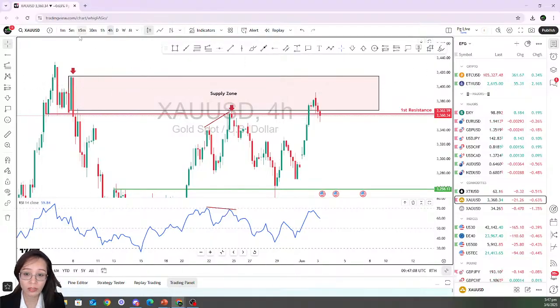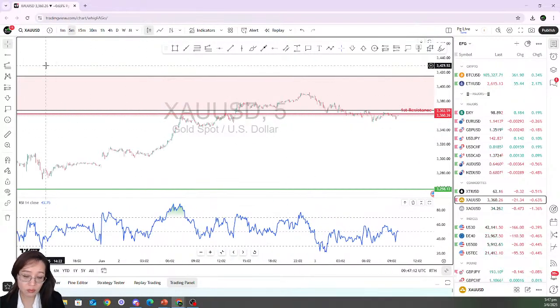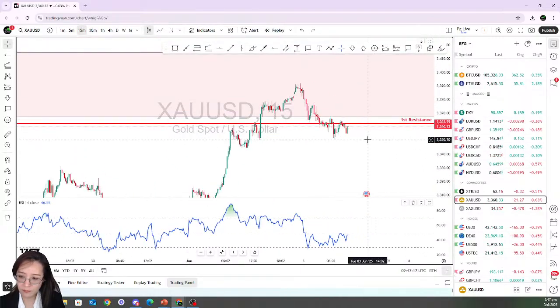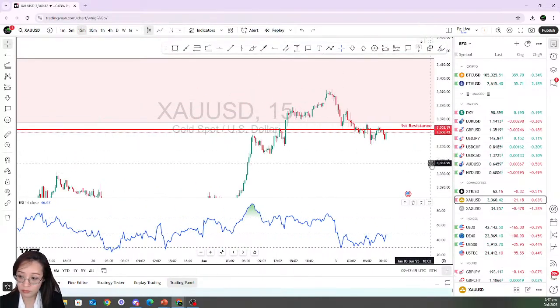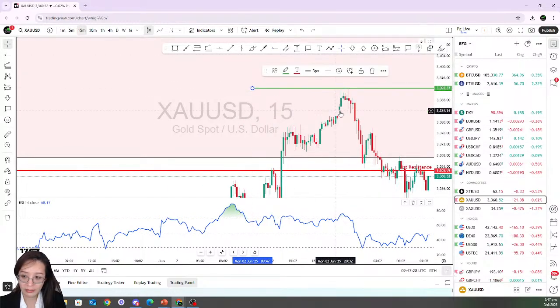What you need to do when you want to trade supply and demand, you go to the lower time frame, because we want to look for the confirmation, right? What do you see based on M15? You'll see a lot of rejection here, right? Meaning that there are some people controlling the price somewhere around here.